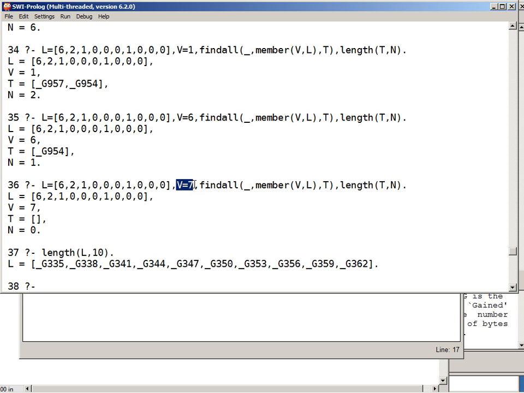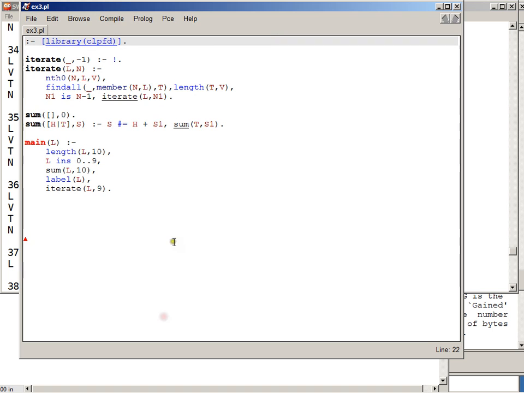I'm going to iterate from 0 to 9 this time because that will speed up the process. Let's use a plot. So what do we do?